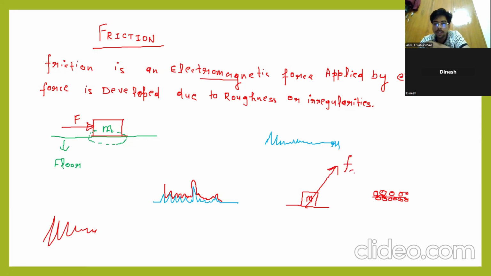The component of this in the vertical direction is normal, and the component in the horizontal direction is the friction force on this block. It is not perfectly 90 degrees. If the surface were smooth, then this FC would be perfectly 90 degrees, and there would be no friction.